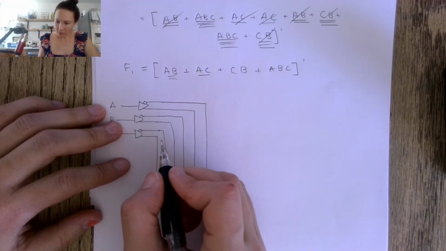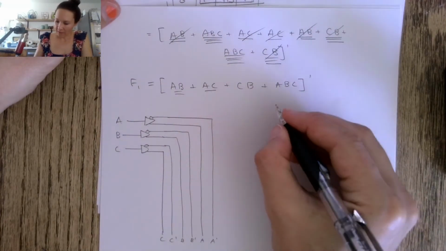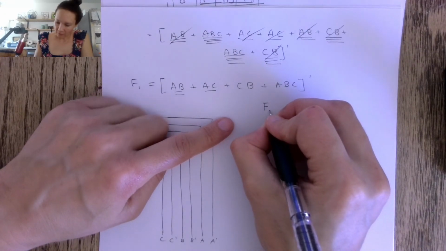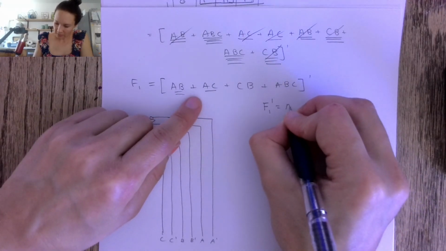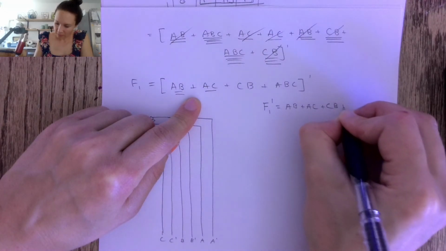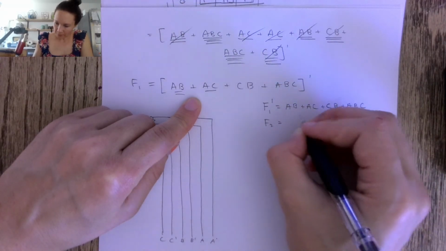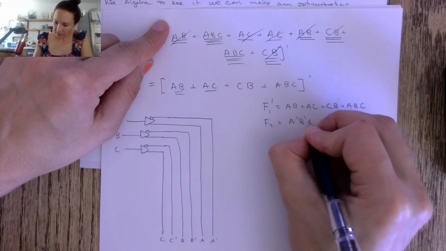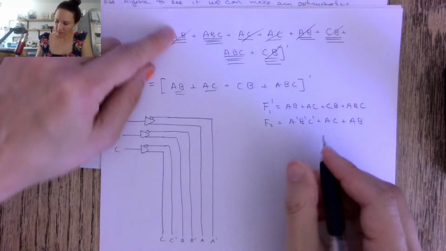How many of these are we going to need? How many product terms do we have between F1 and F2? F1 complement is AB plus AC plus CB plus ABC. F2 was A naught B naught C naught, or AC, or AB.